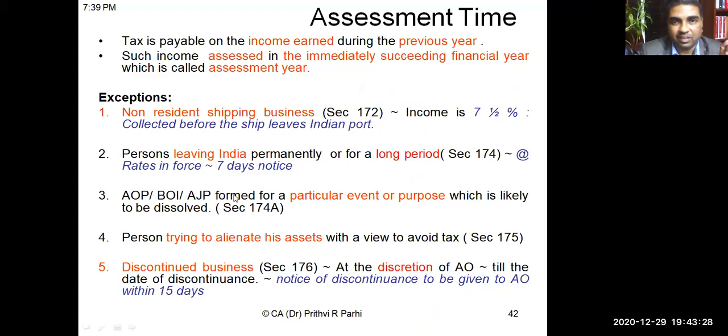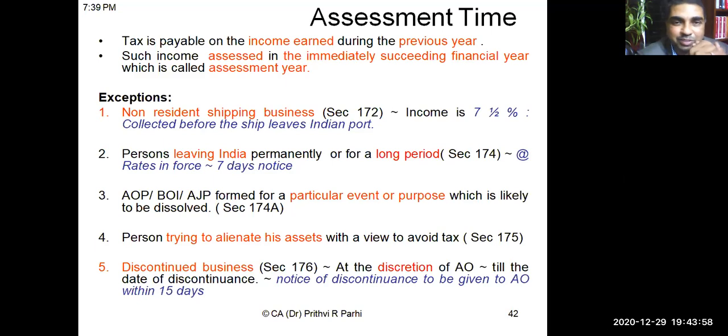Now, as I was telling you, normally income which is earned in the previous year is assessed in the succeeding financial year, which is called the assessment year. Assessment year is always 12 months. That is the normal situation. But while that is the normal rule, there are 5 exceptions to it.